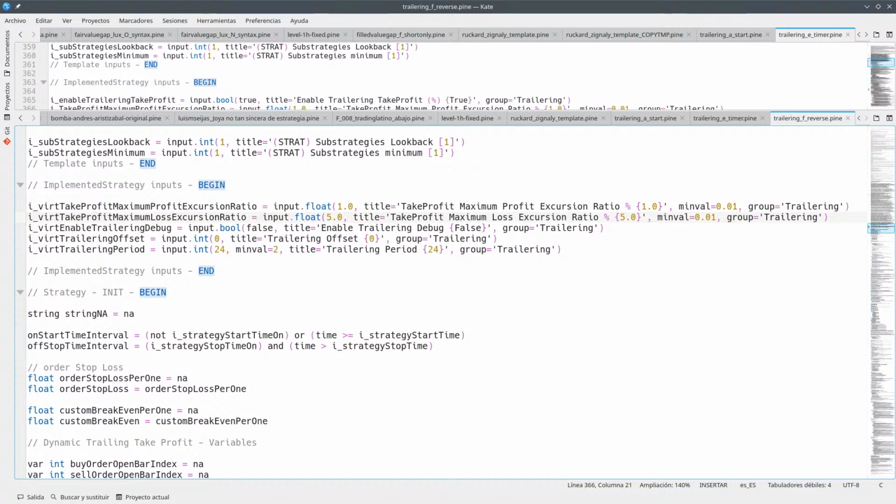Yeah, let's keep 5 here, although this might be quite big, so I'm not sure about this.